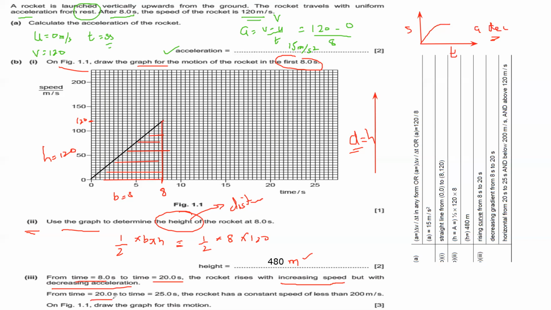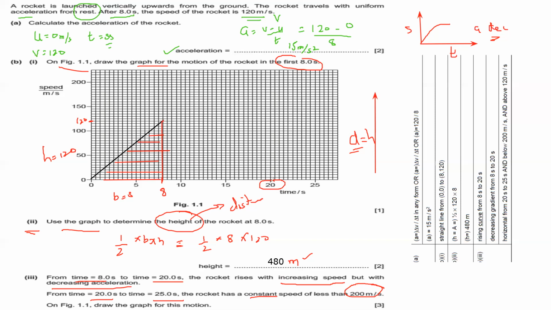Then for time 20 second to 25 second, the rocket has a constant speed of 200 meter per second. On figure 1.1, draw the graph for this motion. So from 8 second to 20 second, we have to show a decrease in acceleration until it reaches a speed of 200 meter per second.